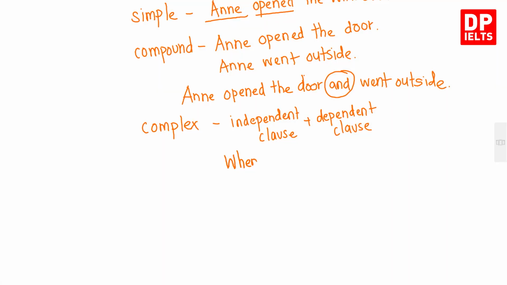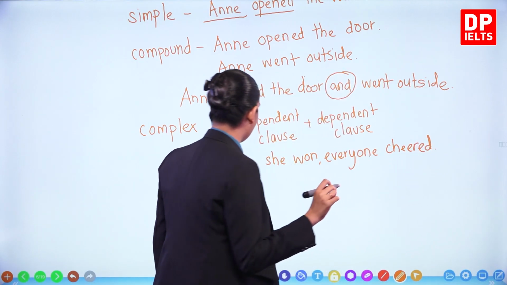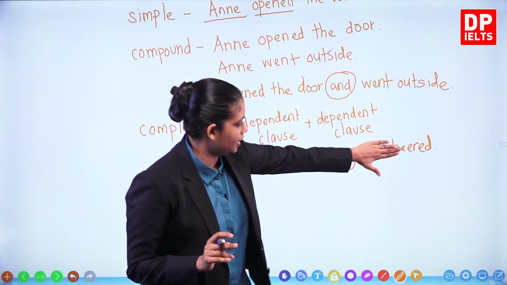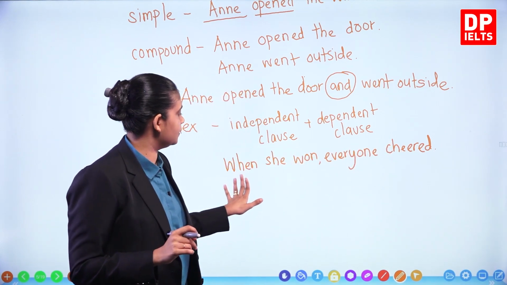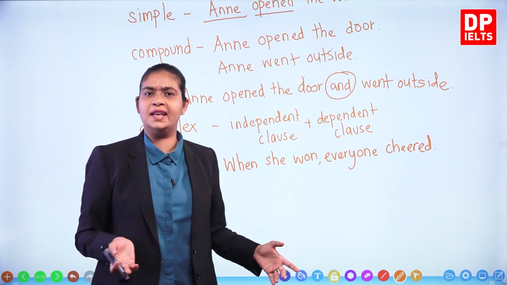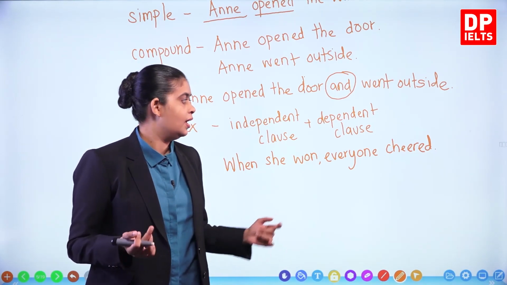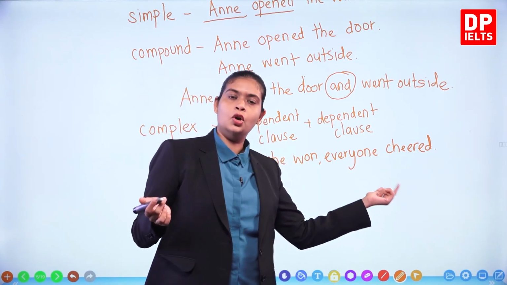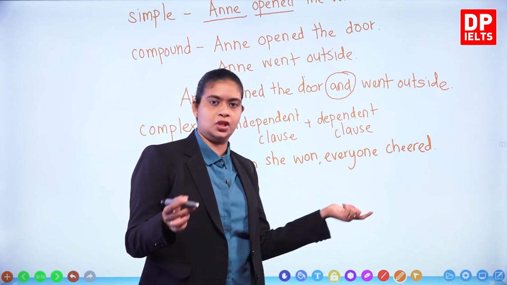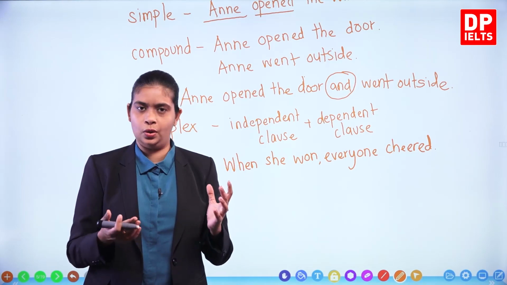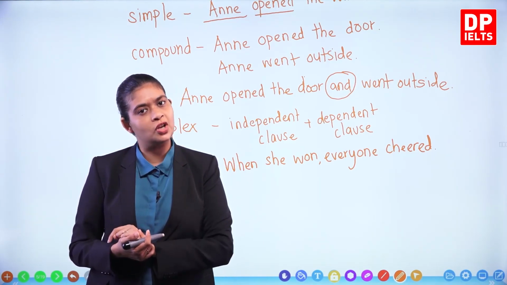When she won, everyone cheered. Right? Now, if you just don't take this part, okay? If you just take the first bit, when she won alone, does it make a sense to you? No. Is it a complete thought? No. Everyone cheered? Yes. Who cheered? Everyone. What did they do? Cheer. So it has a subject and a verb. There's a completed thought. Not every sentence needs an object.